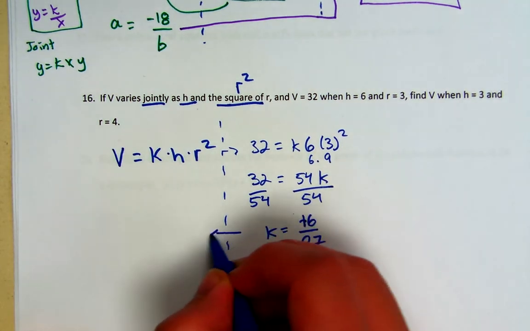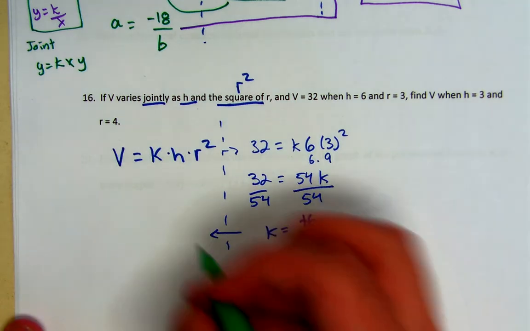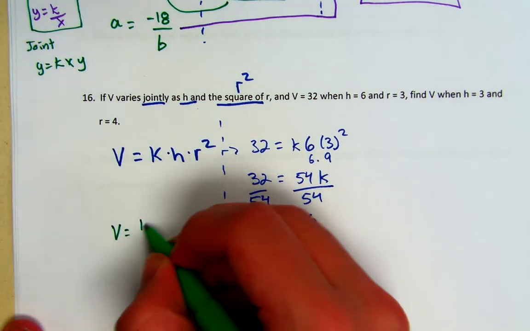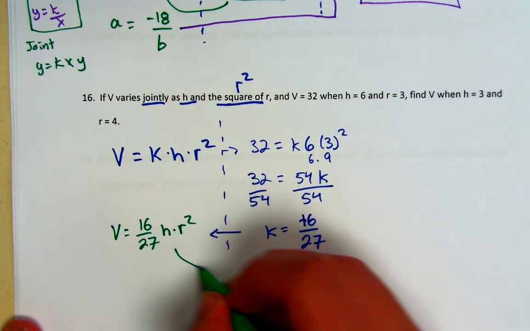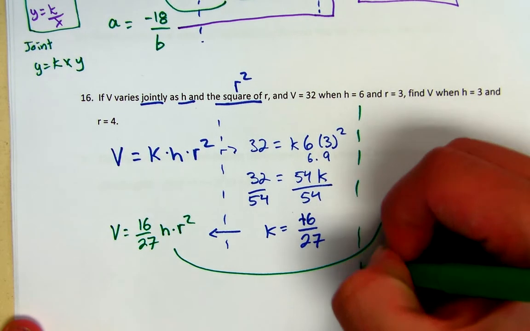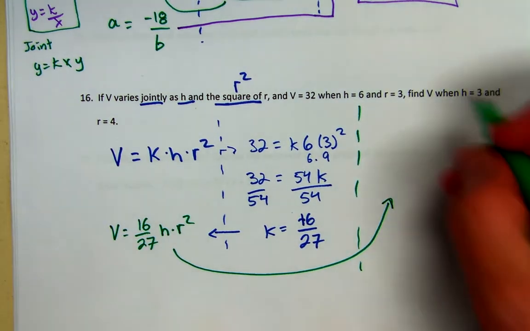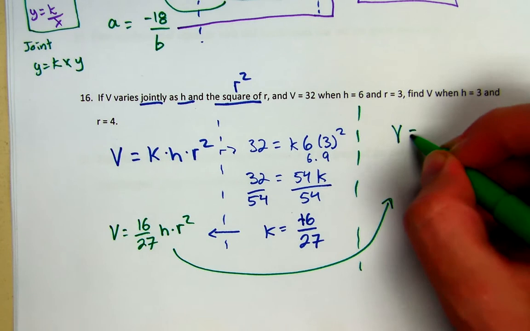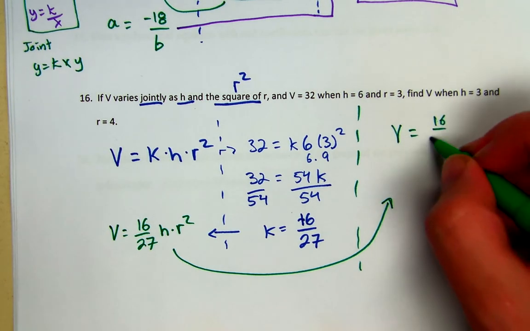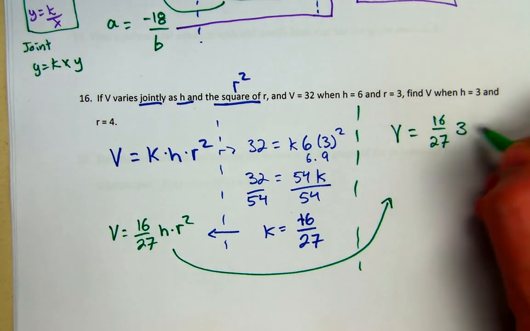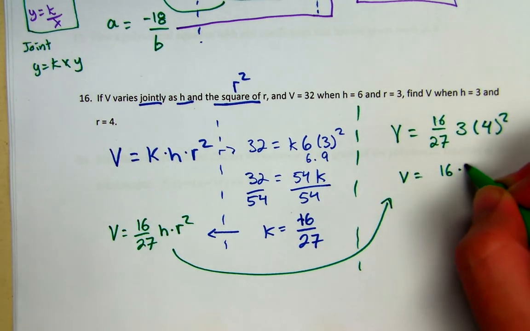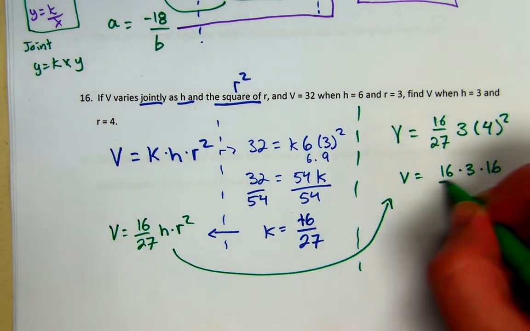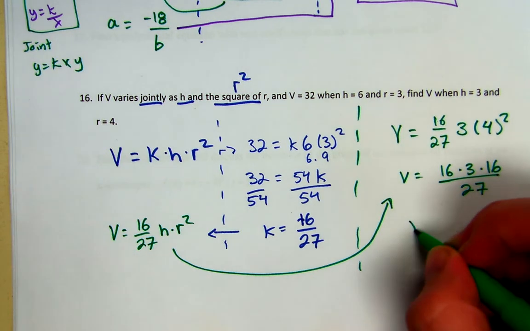So now put that in, get a general equation here. We get V equals 16 over 27, H times R squared. And we're going to use that to find specific. Find V when we have an H value of 3 and R of 4. So we got V equals 16 times 3 times 16 all over 27.